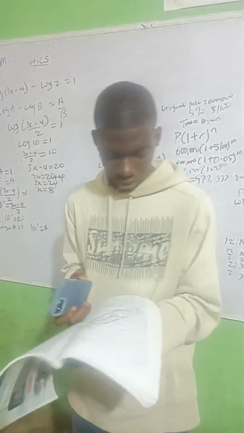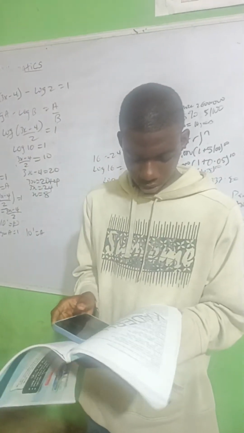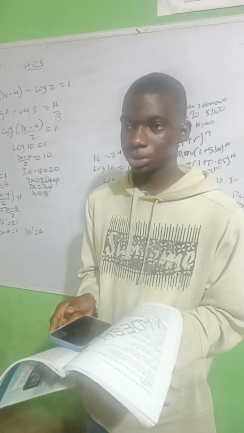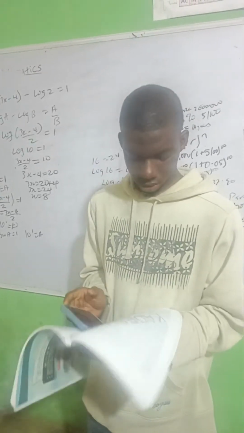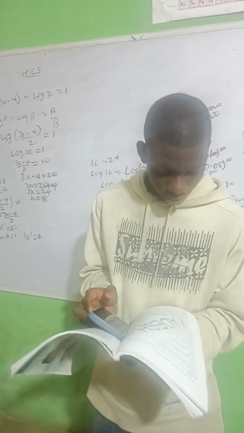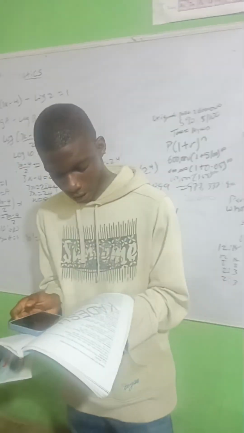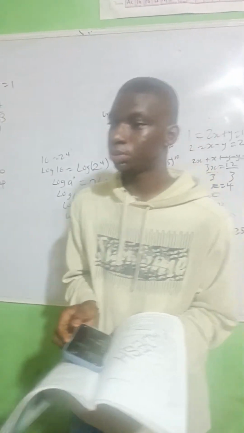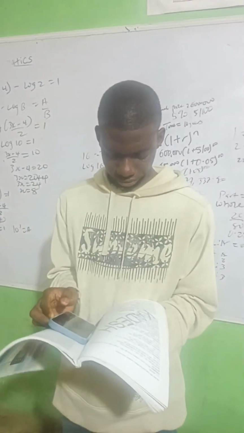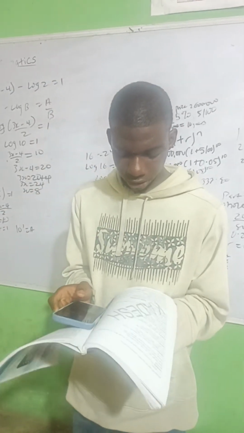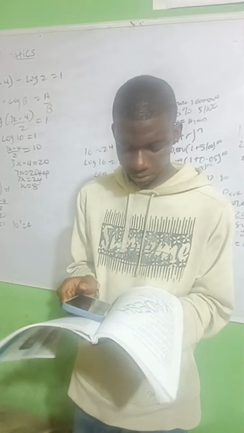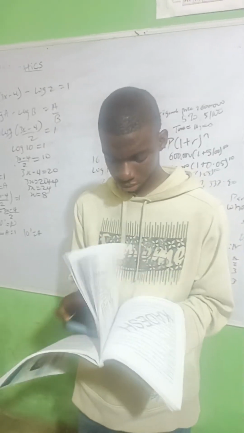So the first option is 5a squared plus 10ab plus 5b squared minus a plus b. The next option is 5a squared plus 10ab plus 5b squared plus a plus b.